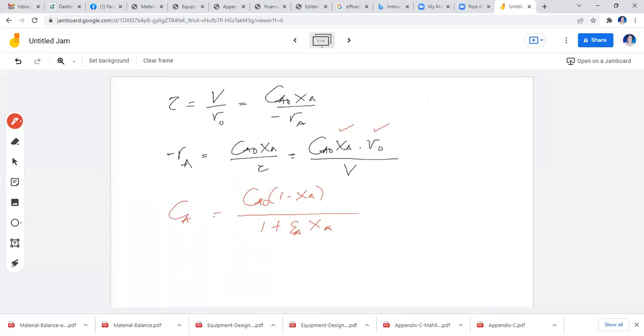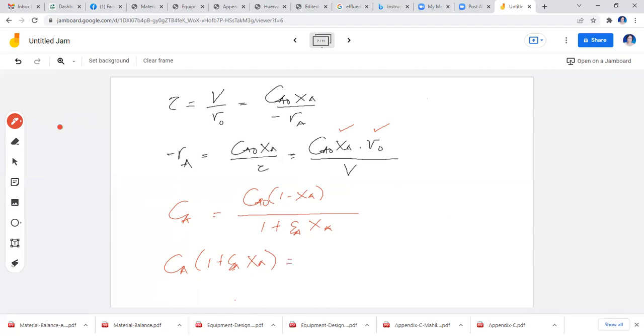So you will have CA times the quantity 1 plus epsilon A XA all over CAO times 1 minus XA. You can, wait, it should be on the other side. And we can simplify. Actually, we have a ready-made formula for this. Nonetheless, I'll show to you the derivation, meaning the formula for the XA.